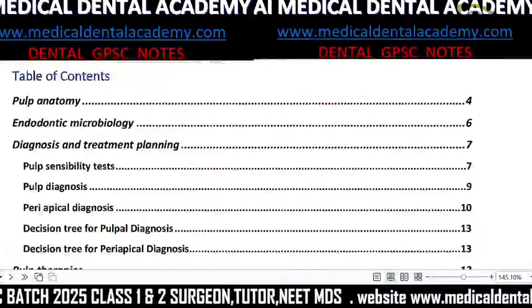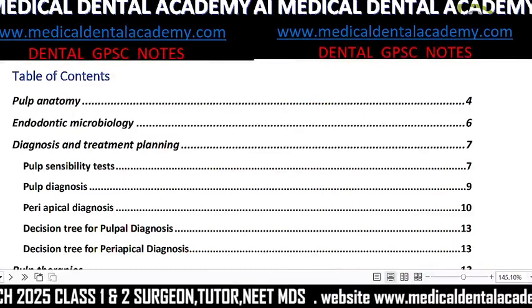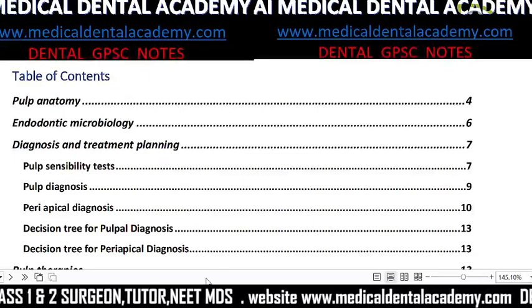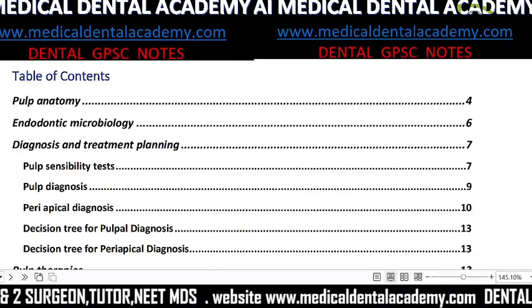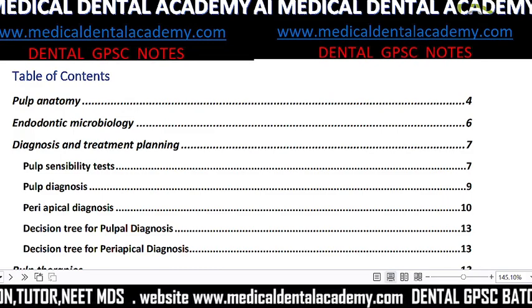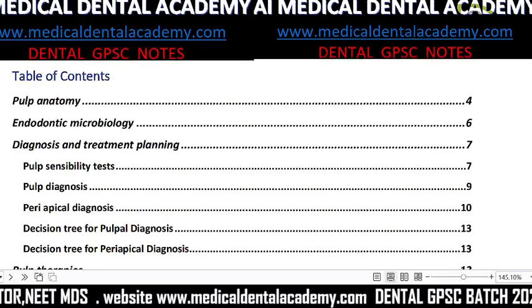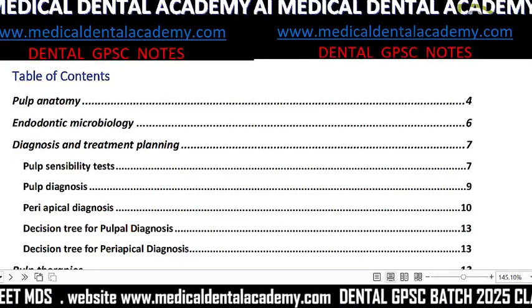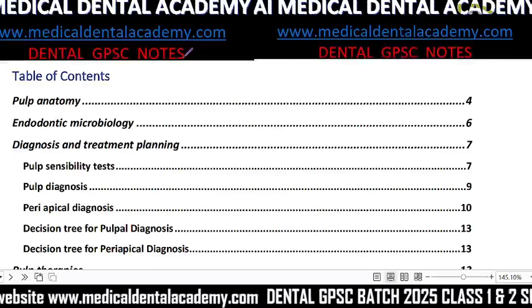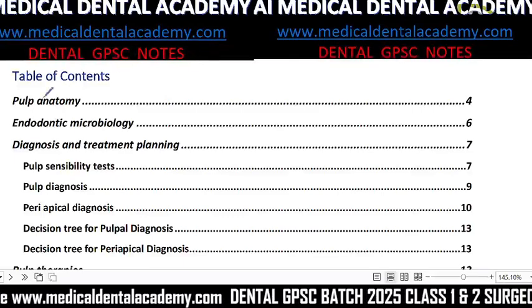So now we move to today's lecture, what we have been planning and what you are going to attend. Endodontics. It is mainly related to, in short, RCT, because nowadays we have changed the term to root canal treatment.